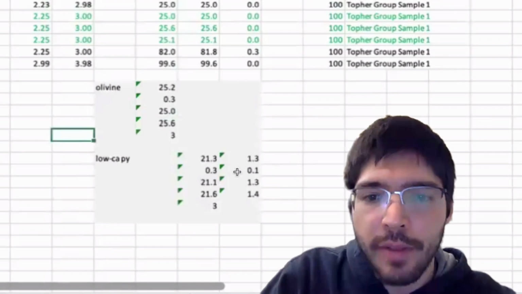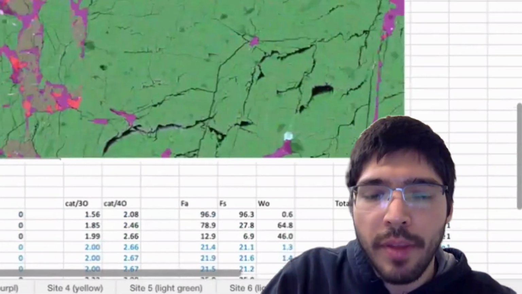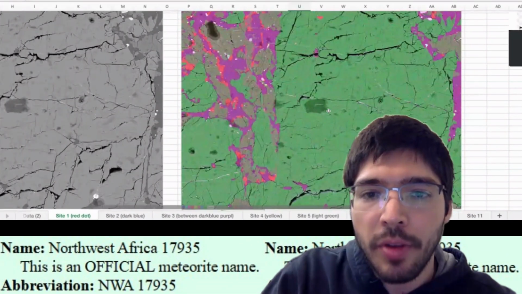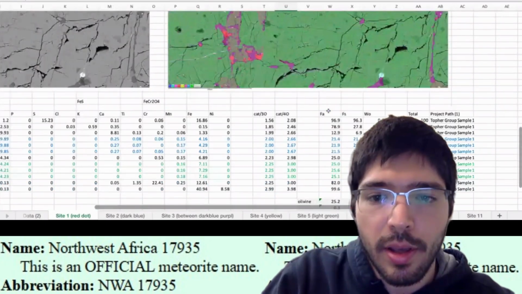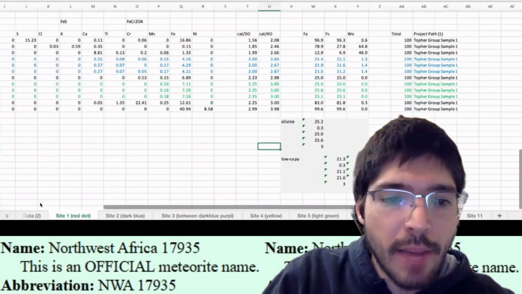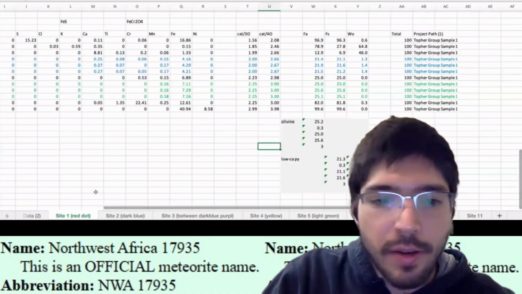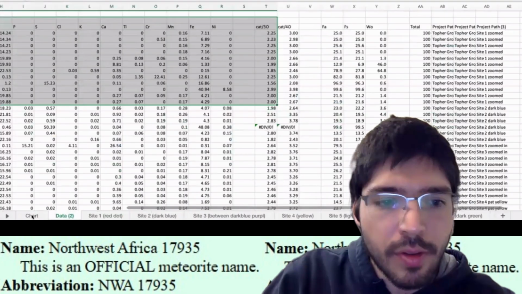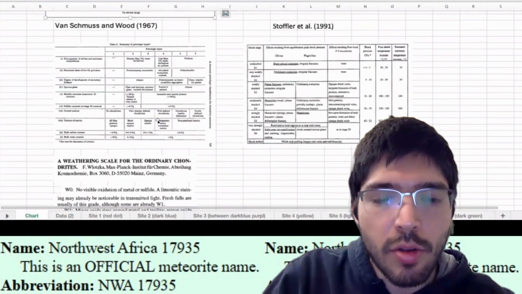We have the average and standard deviations, and we can tell from the sample that the feldspar looks fairly coarse and the olivine and pyroxene are homogeneous in composition. So even though we're looking at one site, I'm just going to navigate very quickly to the first site that we have right here, and this is the chart.